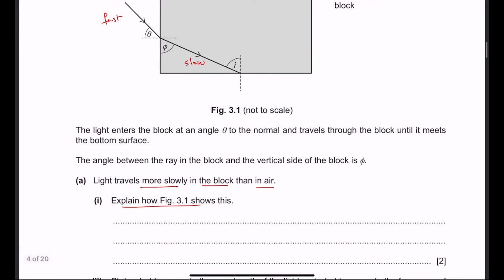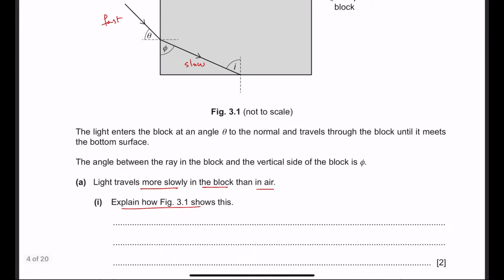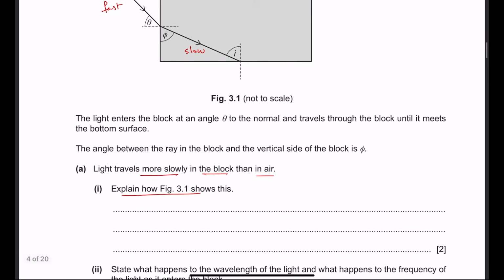Well, you have to remember, whenever the light bends towards the normal, being this dotted line, it will always slow down. Whenever the light bends away from the normal, that's when the light is speeding up. This is a 2-mark question, so we need to write 2 points.